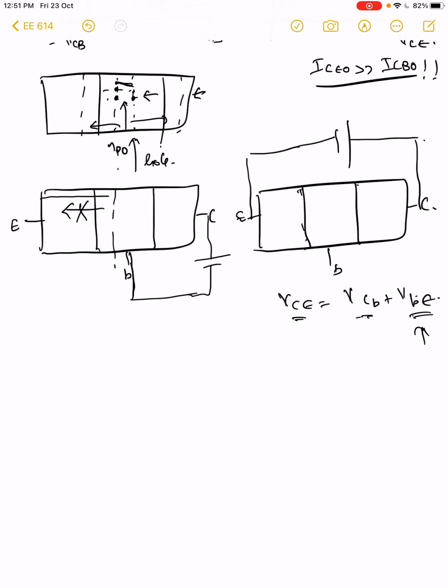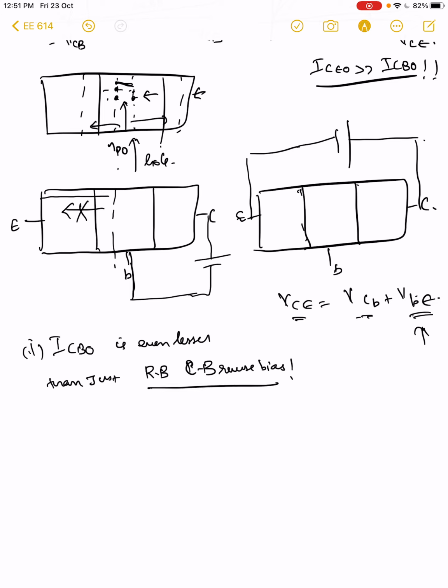So in the sense that ICBO is even lesser than just the reverse bias current, I mean the collector base reverse bias. This is an important statement. If the emitter does not exist, that's the normal reverse bias collector base junction.